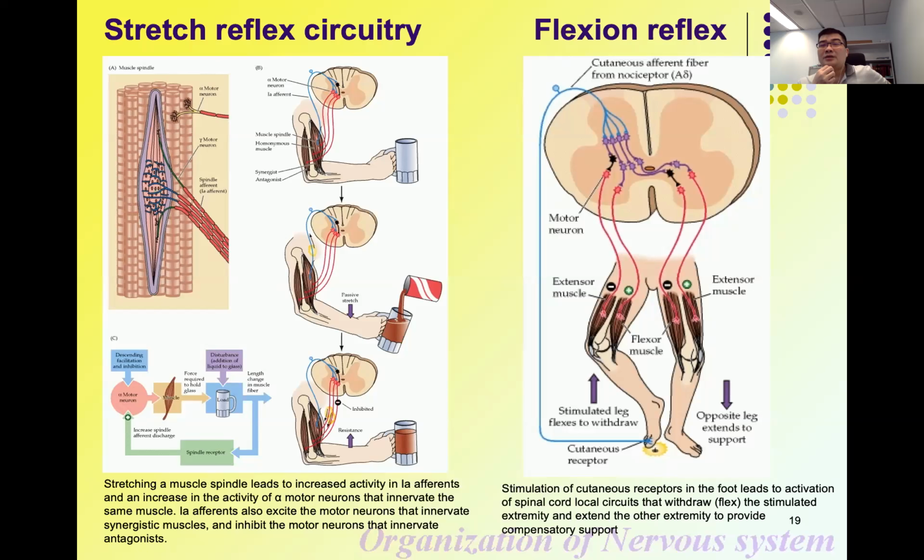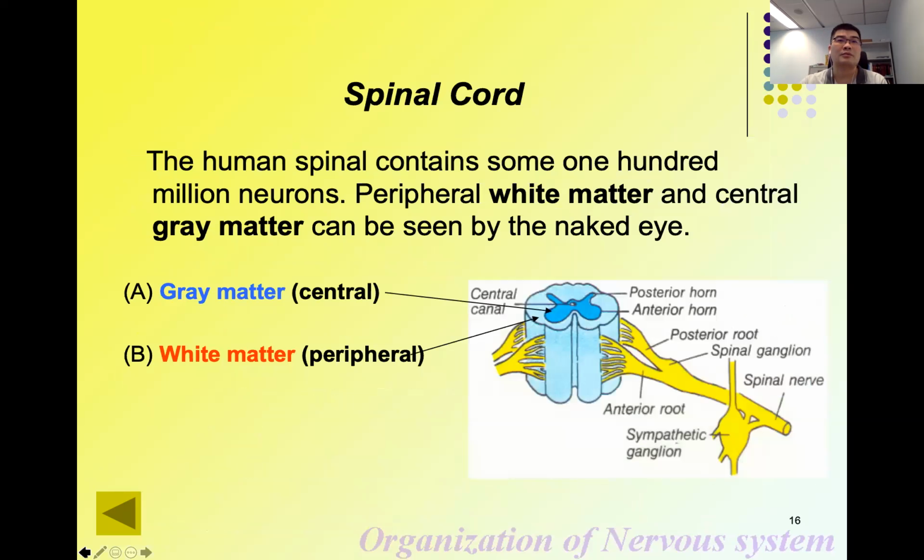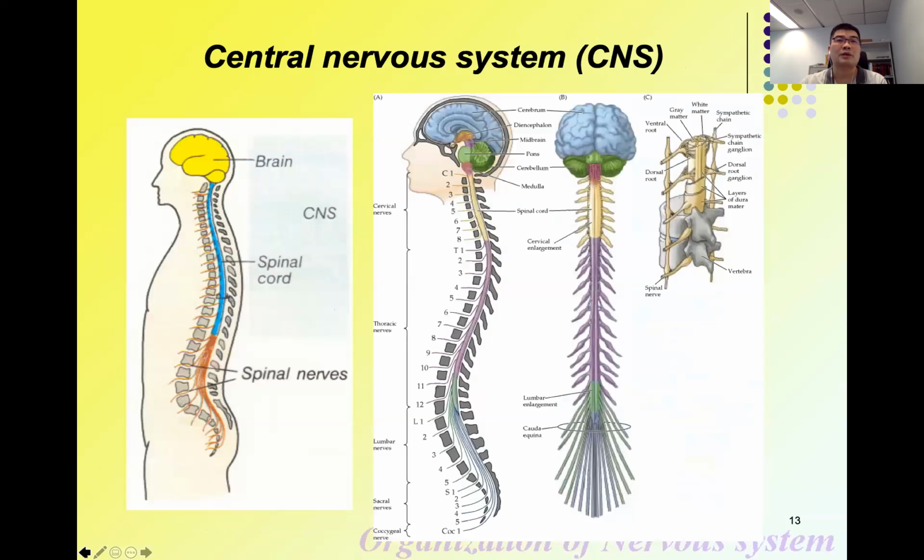Now, your classmate asked, does the spinal cord stop at the lumbar part, but the nerves extend? So actually, let's go back. You see that the spinal cord will not extend further after the lumbar region.